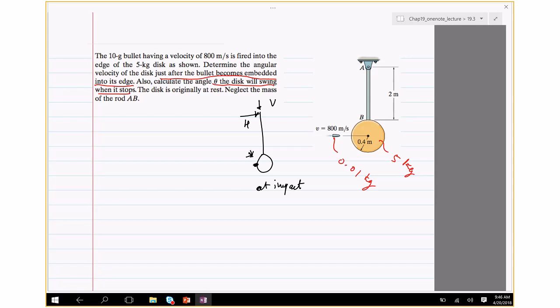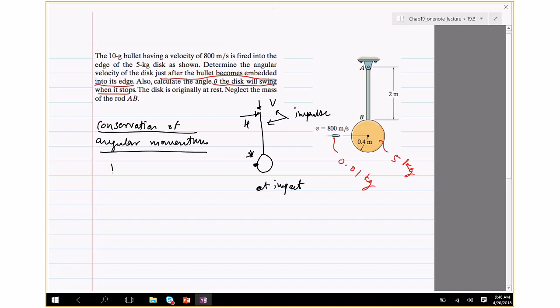We cannot, because there's H and V. However, we can apply the angular impulse if we choose the point to be A. About A, the external angular impulse is going to be 0, so we can use conservation of angular momentum.